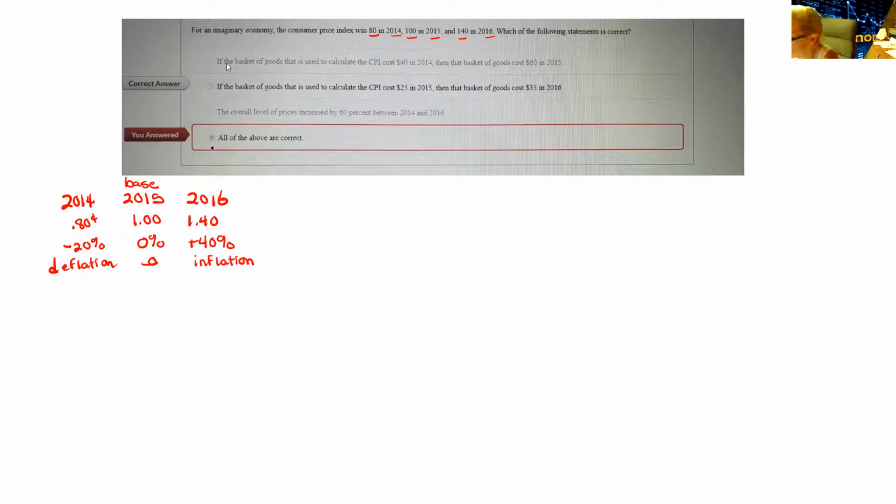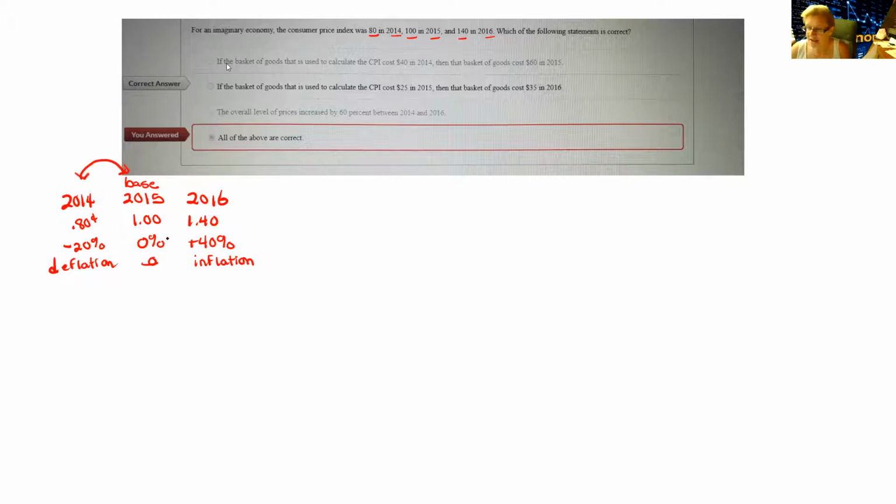Okay, so the first answer says, if the basket used to calculate the CPI cost 40 in 2014, then it costs 60 bucks in 2015. What we want to do with this one is see if the percentage increase from 40 to 60 equals the change from 2014 to 2015.